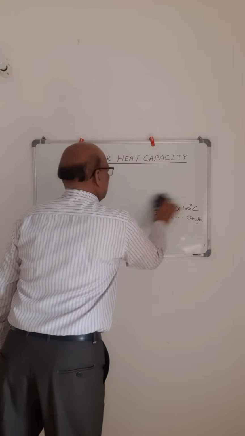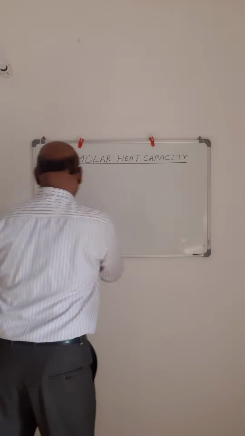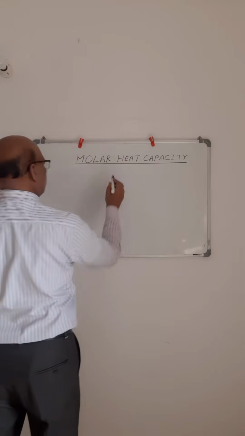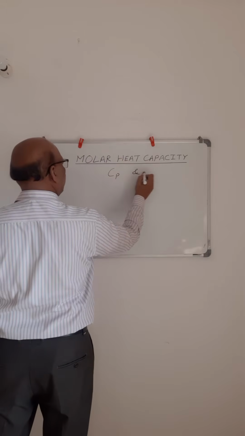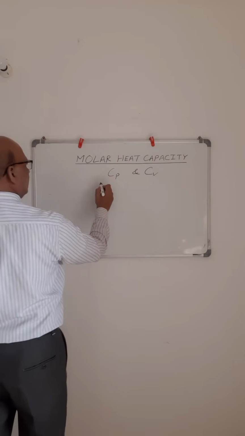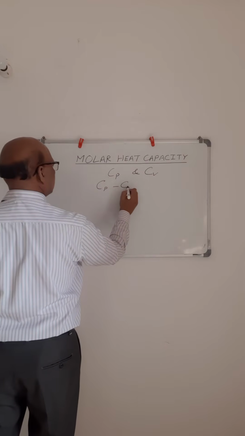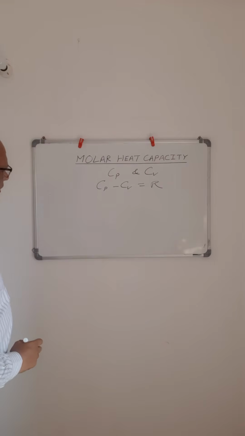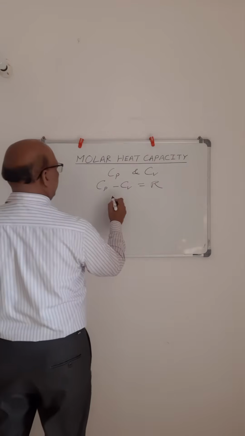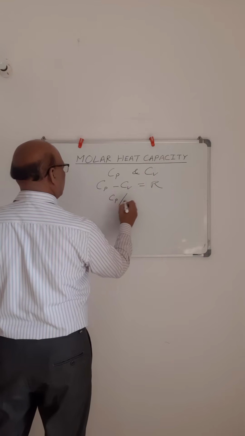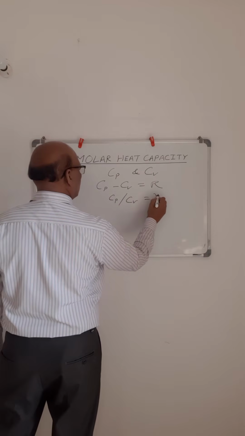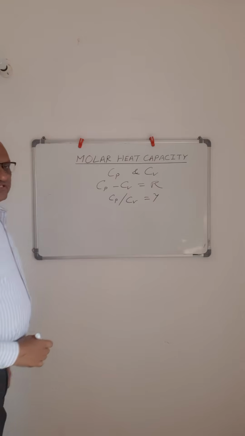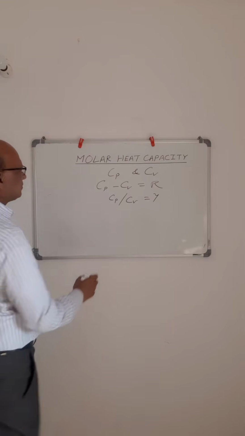Now we will write the various expressions involving Cp and Cv. One expression is Cp minus Cv equal to R, where R is the ideal gas constant. And there is one more, Cp divided by Cv equal to gamma. This is called the specific heat ratio.